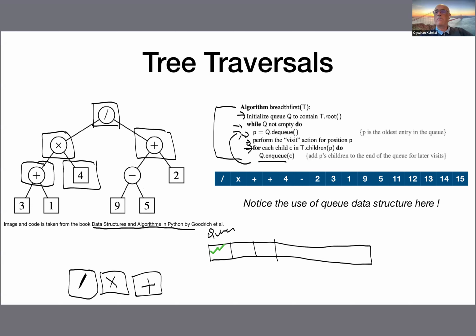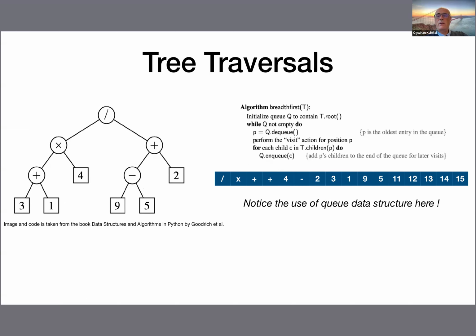Here it is there. Right here, right? And I will enqueue the children of these guys. That will be 3, and this will be 1. And this will go in this one. Okay, so you got the story. But at the end, by using this queue, you will have created the breadth-first traversal of this tree.